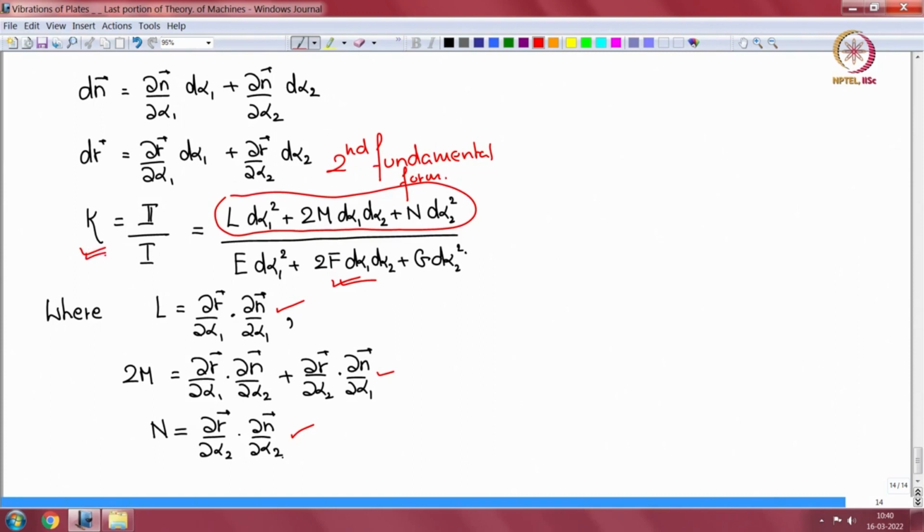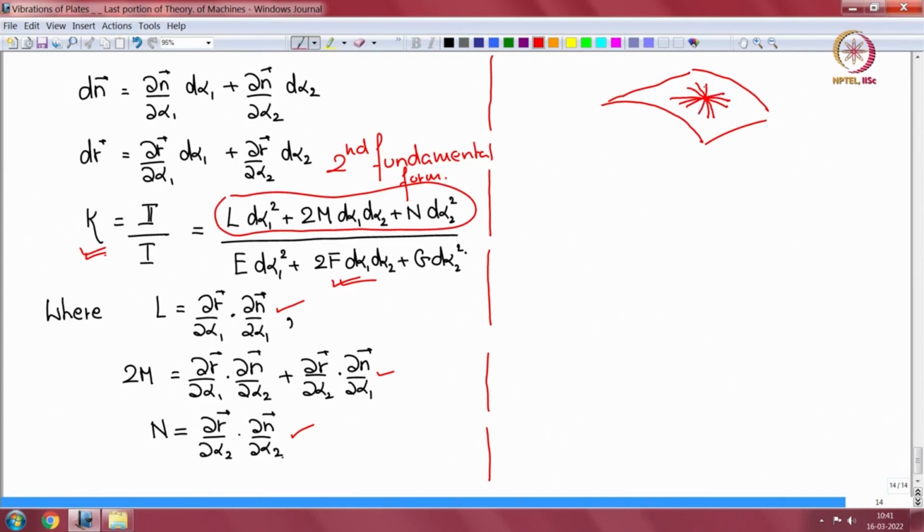Now it is important to note here that there are an infinity of curvatures on a surface based on which curve you take. So if I have a curved surface, and I take a curve like this, or like this, every one of these curves will produce a radius of curvature and curvature.